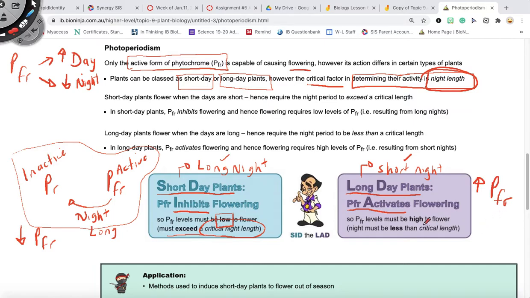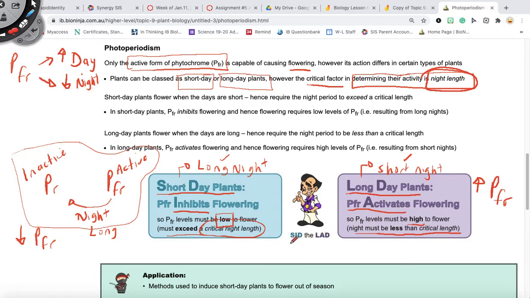But that's good because you must have high concentrations of PFR for these long day plants to actually flower. Okay? And that can only be achieved if the night length reaches that critical length. So allowing for short nights and long days means that you're going to be able to reach that high accumulation of PFR.